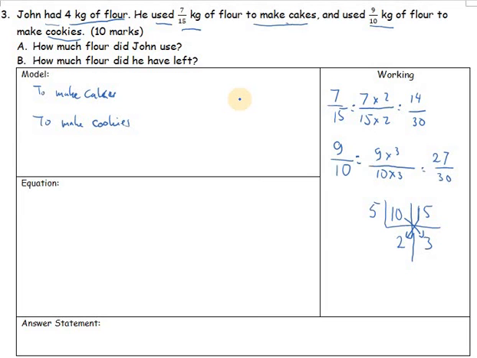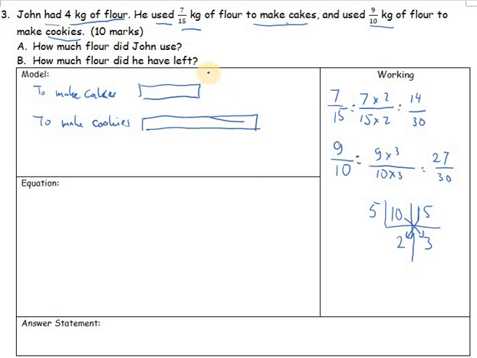Let's see, we have 14 out of 30, which is 7 out of 15, to make cakes. And as you can see, this fraction is smaller than 27 out of 30. So we draw the shorter bar, and then to make cookies we need to draw a longer bar, because the fraction is bigger.